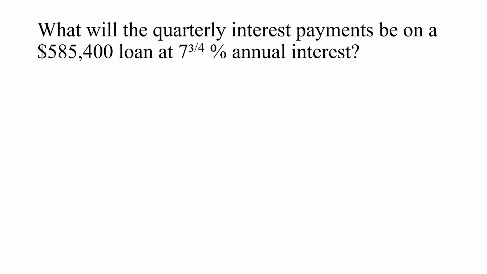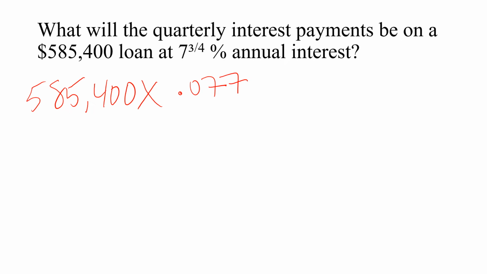What will the quarterly interest payments be on a loan amount of $585,400 at 7 3/4 annual interest? 585,400 times 7 3/4, which converts to 0.0775. Got to do the math on that one.